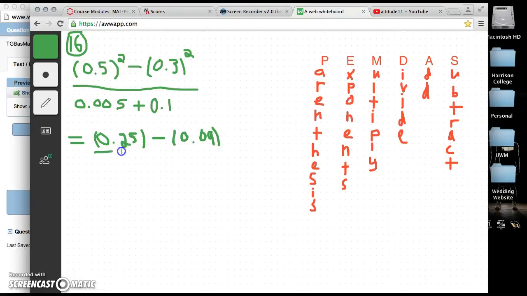And this is all going to be divided by 0.005. It's going to be annoying to write again, I apologize. 0.005 plus 0.1.